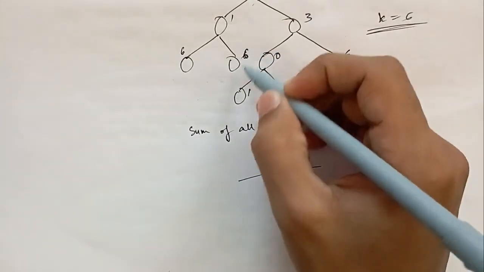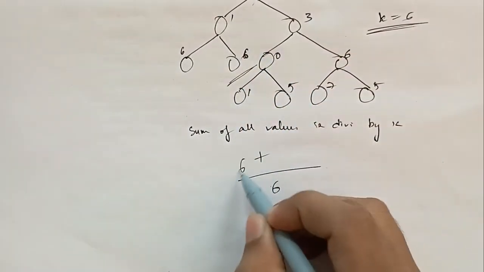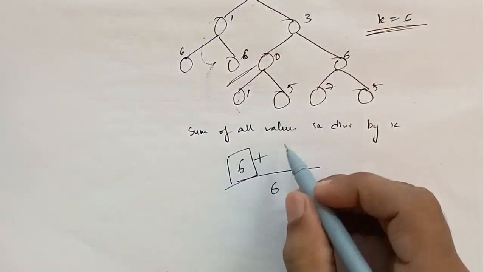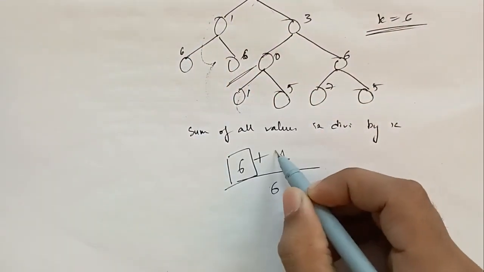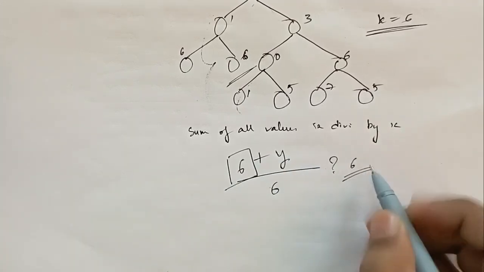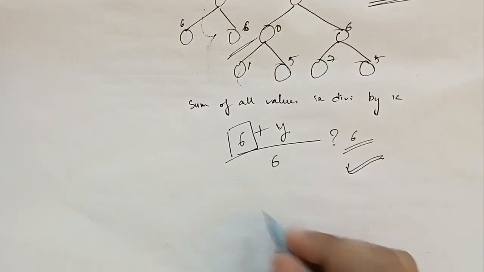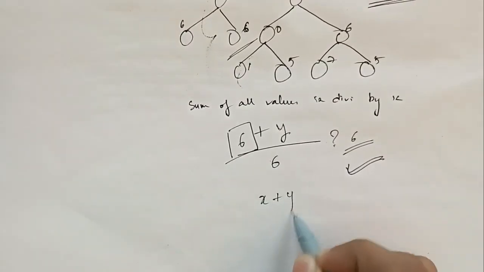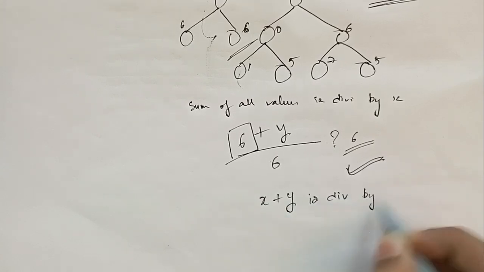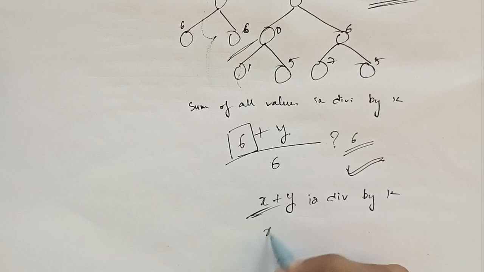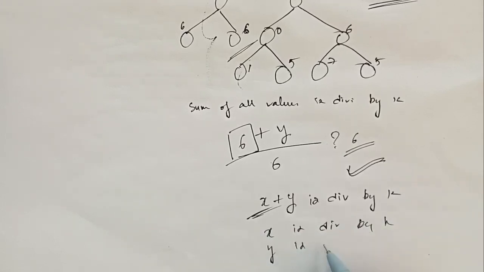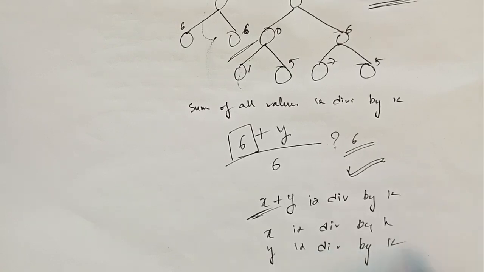So here it is 6. Here it is 6, and let us assume all of this has the sum y. Now, is it divisible by k? Is it divisible by 6? Absolutely yes, because if x plus y is divisible by k, and x is divisible by k, then y is also divisible by k.